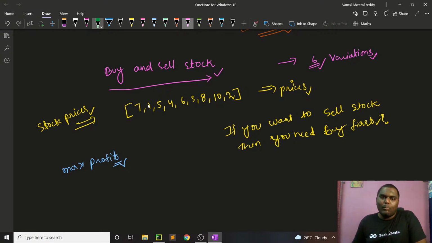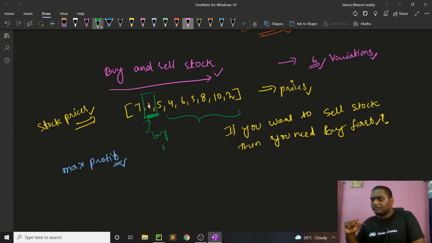Let's assume you have bought this particular stock on the day when it is very low. If you wish to sell it, you need to make more profit, the maximum profit. You bought on this day, and you need to sell on any of the days after. Now tell me, when can you sell the stock which you bought earlier?